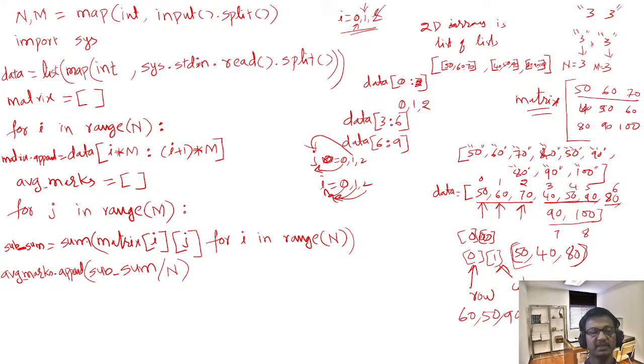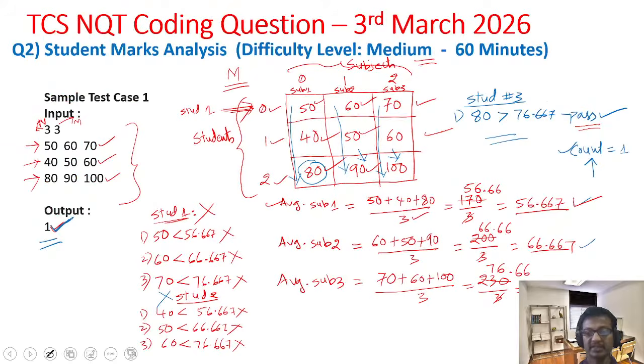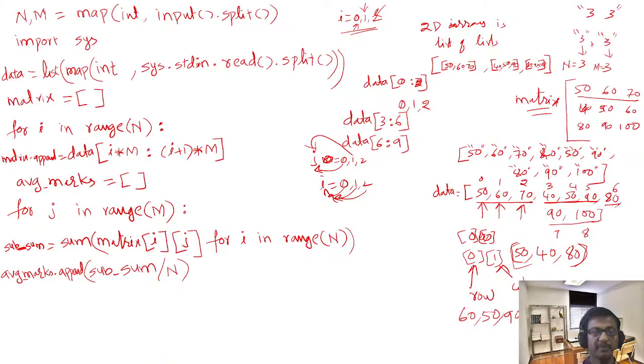It sums all the 3 values. Then you will get the next subject sum, divided by n gives its average marks, and that we are appending to this average marks list. That means the second average marks will be appended to the list. Similarly you will get the third subject's average marks, and that will be appended to average marks. Now average marks contains the average marks for each subject.